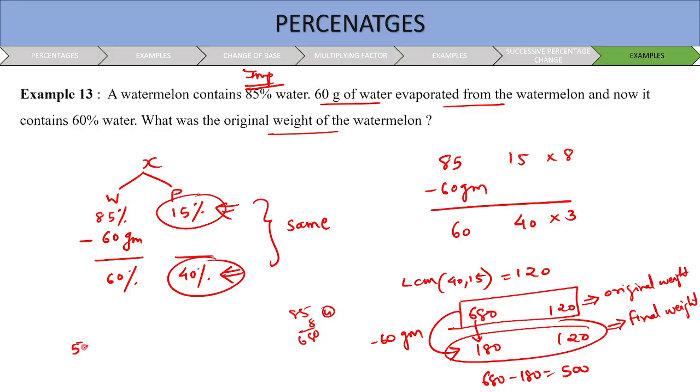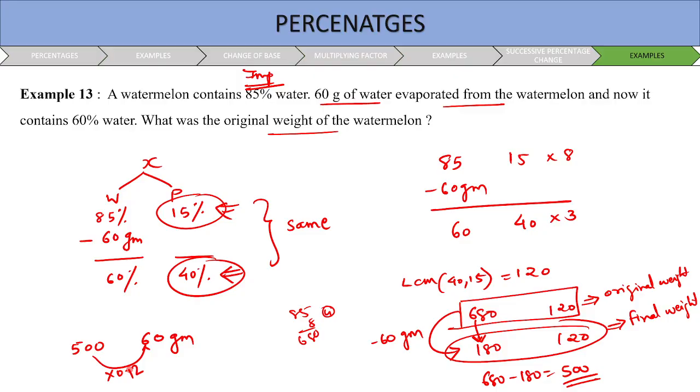But the actual value is 60 grams. So with what value should I multiply 500 so that I get 60? I will multiply it with 0.12.